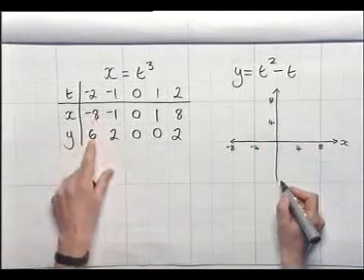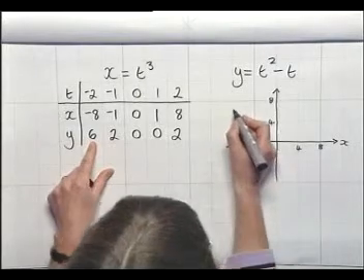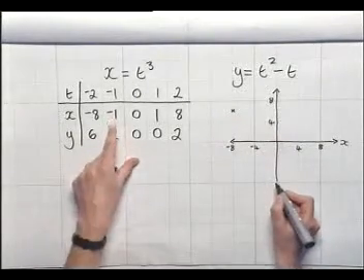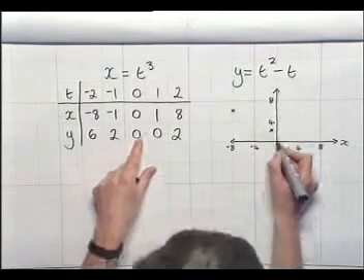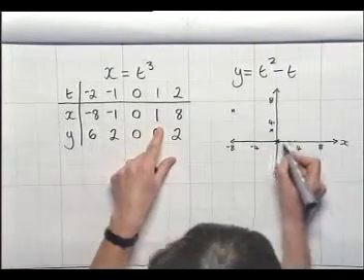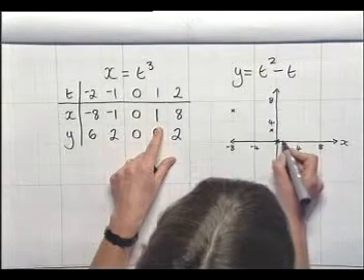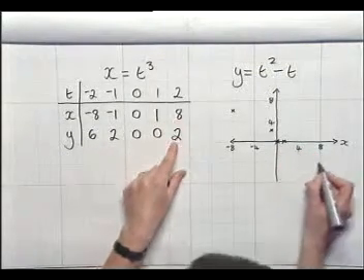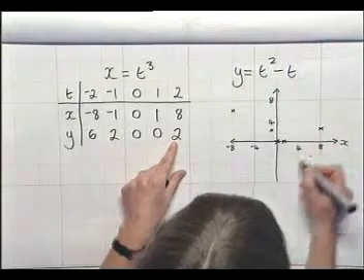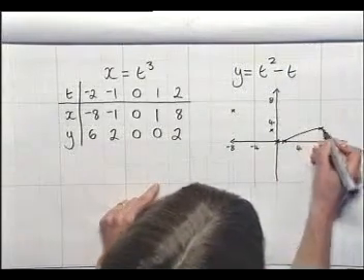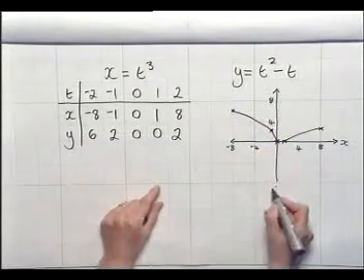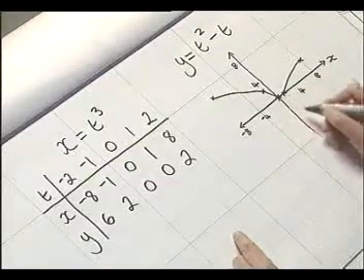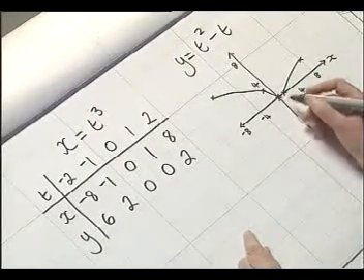So we plot -8, 6, it's up there, -1, 2, 0, 0, 1, 0, and 8, 2. So there's our curve, and here we're not perhaps certain what happens.